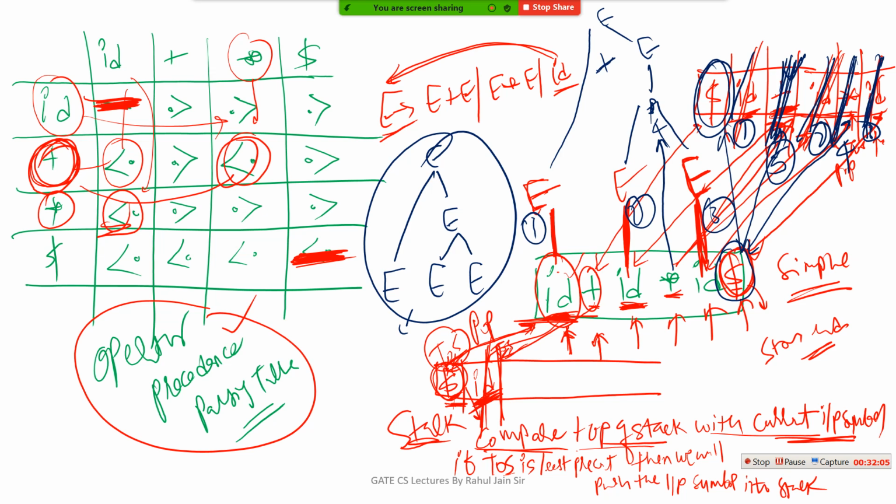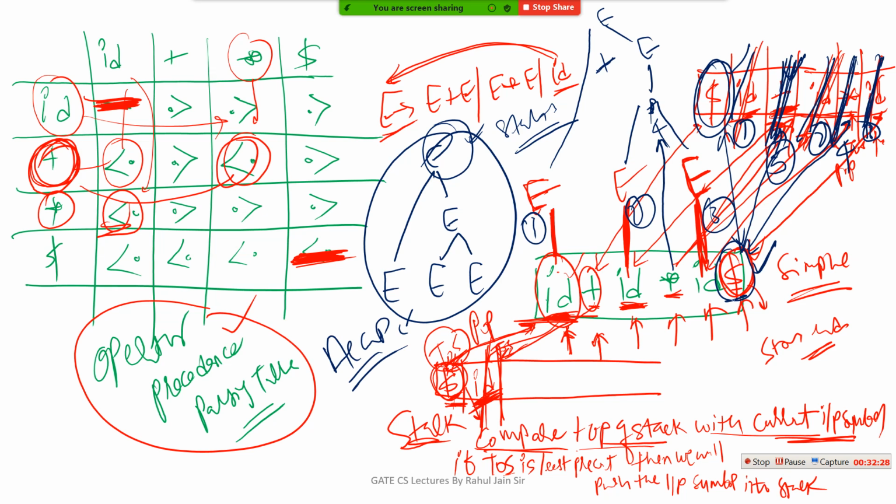When I get dollar at the top of stack and dollar as the input symbol also, then I will check the upper side. I am getting the starting symbol again. If I get the starting symbol at the uppermost side as well, it means that it is accepted.